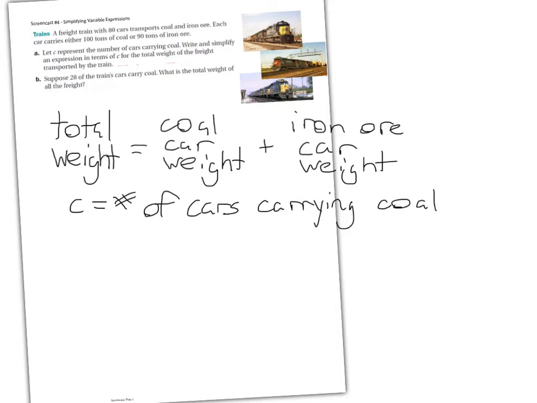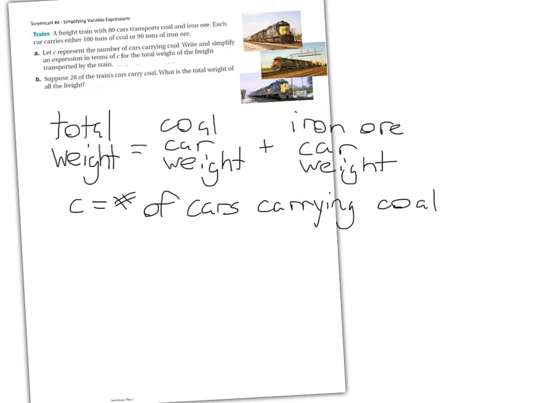And three coal cars are carrying 300 tons. And four coal cars are carrying, okay, you get the idea. Basically, we're taking 100 and multiplying it by the number of coal cars. However, we don't know the number of coal cars. We call that C. It's our variable. But that does give us enough information to go on.